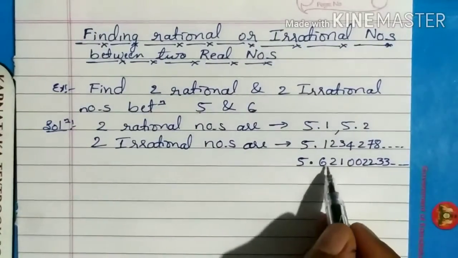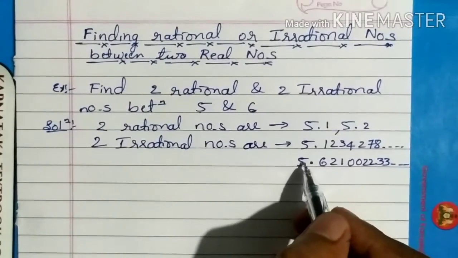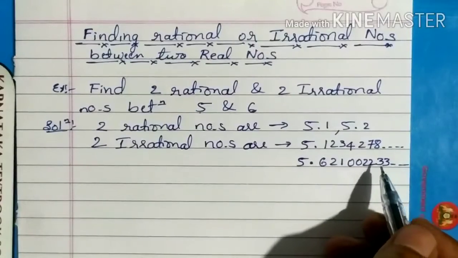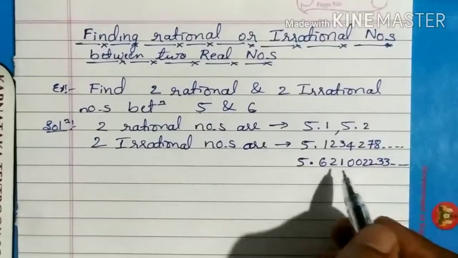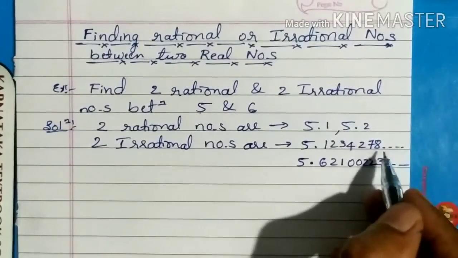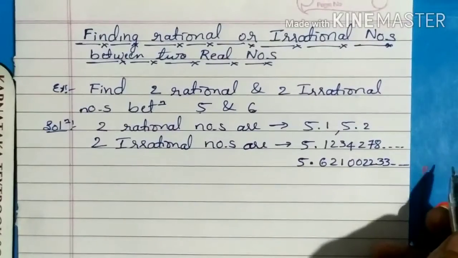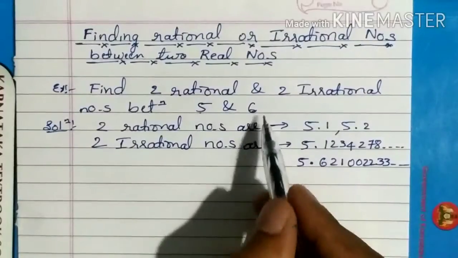Any digits you can write randomly, not necessarily repeating. You should not write 5.3333 like that. You should write 5.621 randomly, any digits, and you have to put dots after this because that means continuing, not terminating. So these are two examples of irrational numbers between 5 and 6.